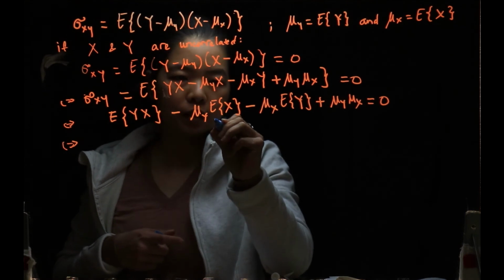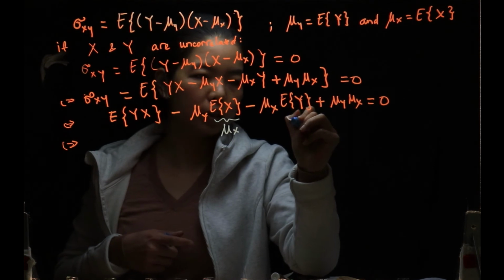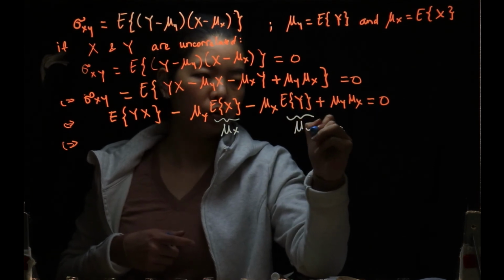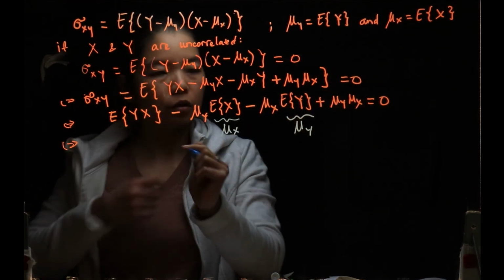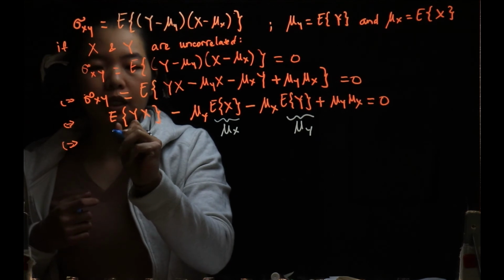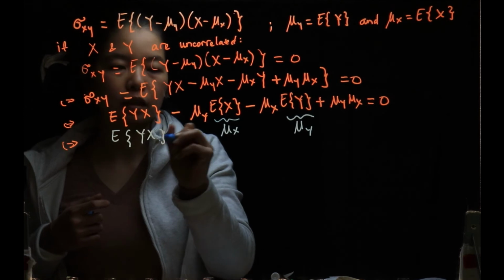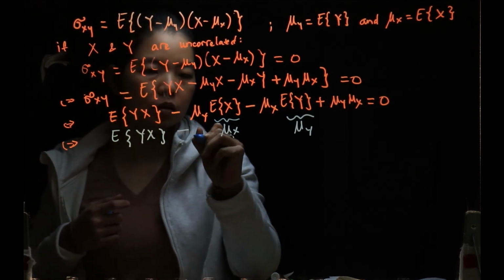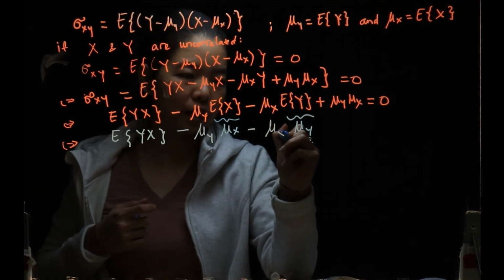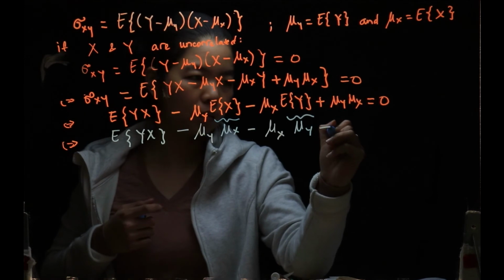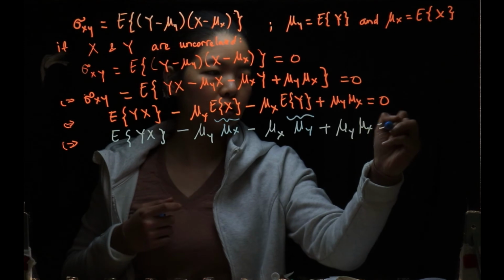The familiar thing is that this is actually mu x, yeah? And this is actually mu y, right? The expectation of x and y. So then I could rewrite it as the expectation of y times x, minus mu y times mu x, minus another mu x times mu y, which is the same thing, plus mu y times mu x equals 0.